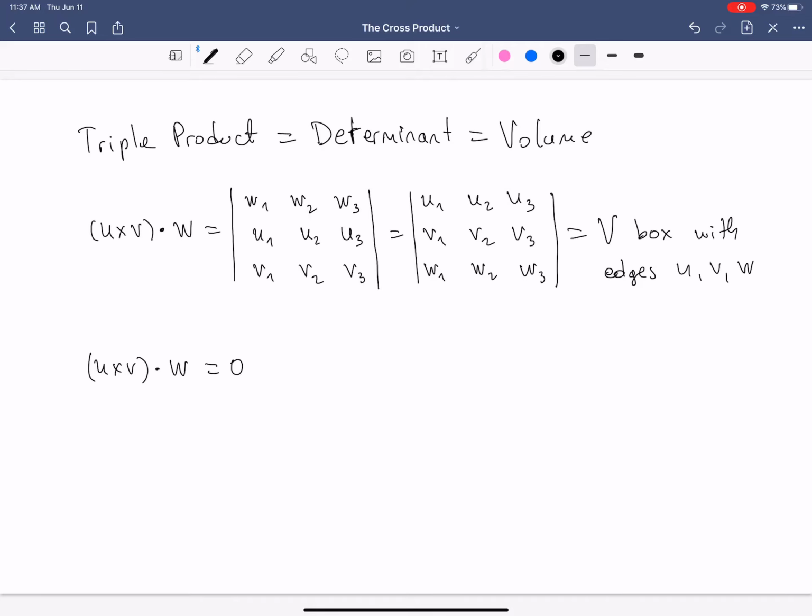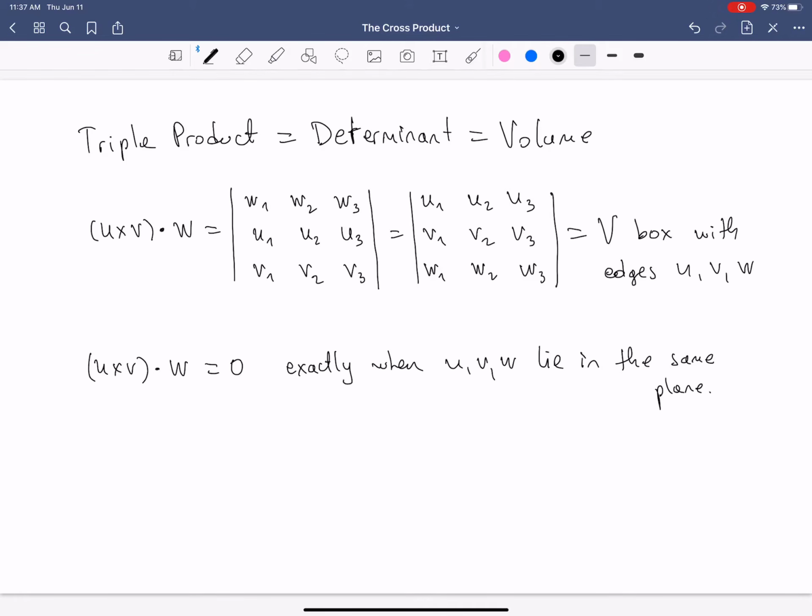But if you just want the volume of a box without care for directions, then just take the absolute value and don't worry about directions or the negative signs. Now the volume will be 0 exactly when U, V, and W lie in the same plane.